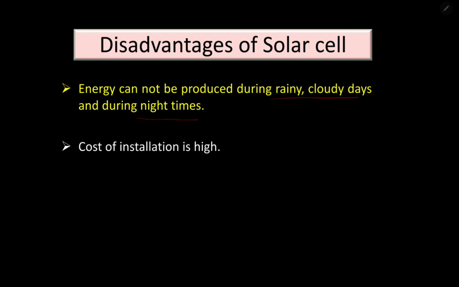Cost of installation is very high, and to obtain high powers we require large area, so it uses large areas. These are few disadvantages of solar cell.